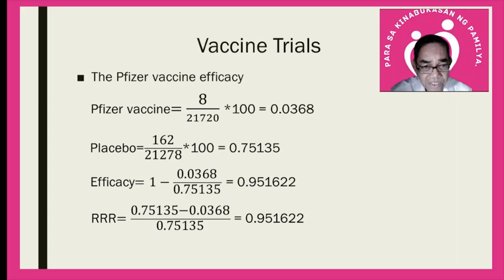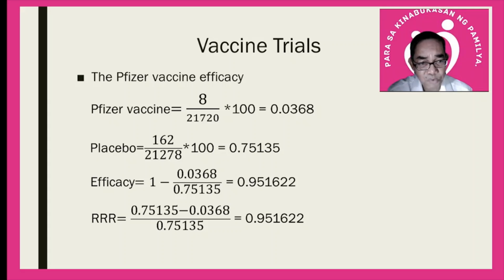This is actually the risk ratio: the risk of the disease among the Pfizer vaccine group divided by the risk of the disease among those given the placebo, that's equal to 0.05. And if you now calculate, that will be the relative risk reduction.